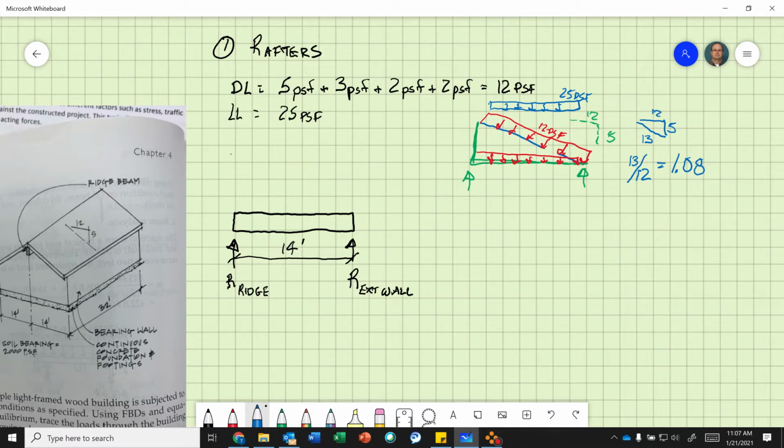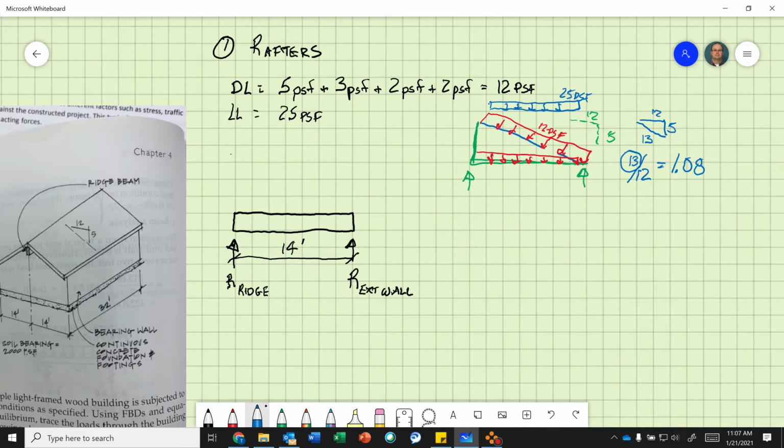So basically the load going from the rafter length greater than 14 feet down to horizontally to a rafter length of 14 feet, the distributed load is 1.08 times greater than 12 PSF.